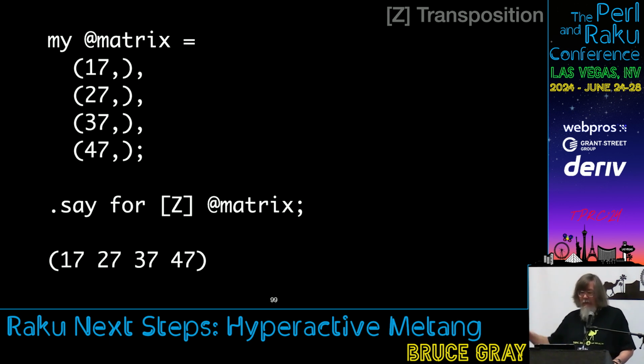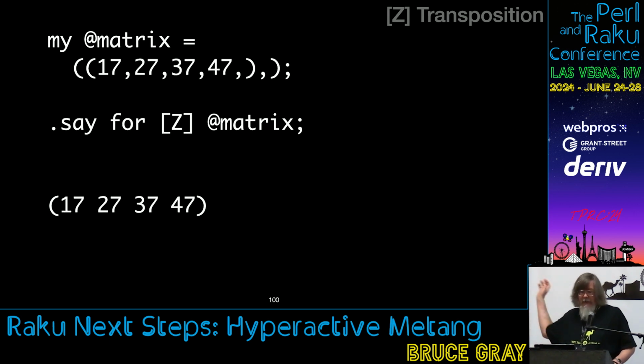If you have a 1x4, it will correctly turn it into a 4x1. If you have a 4x1, it will not correctly turn it into a 1x4 because it can't tell the difference. So if you're going to use this really compact reduction Z trick to transpose a matrix, you need a check of do you have only one row, and then handle that manually.